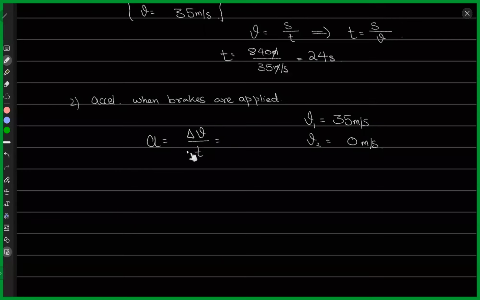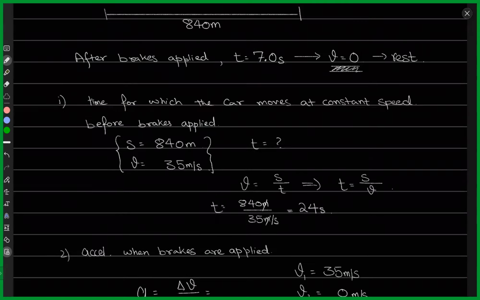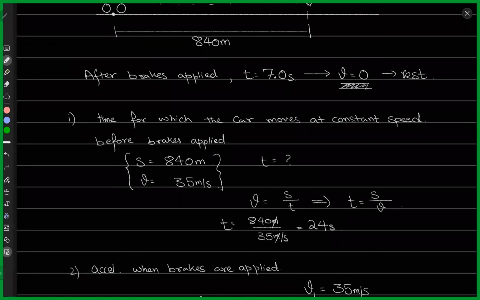So the acceleration would be the change in velocity, which would be 0 minus 35. So the final value minus the initial value, that's the change, divided by the time it takes, which is 7 seconds. Why? Because the question says that after 7 seconds of the brakes being applied, the car came to a stop.